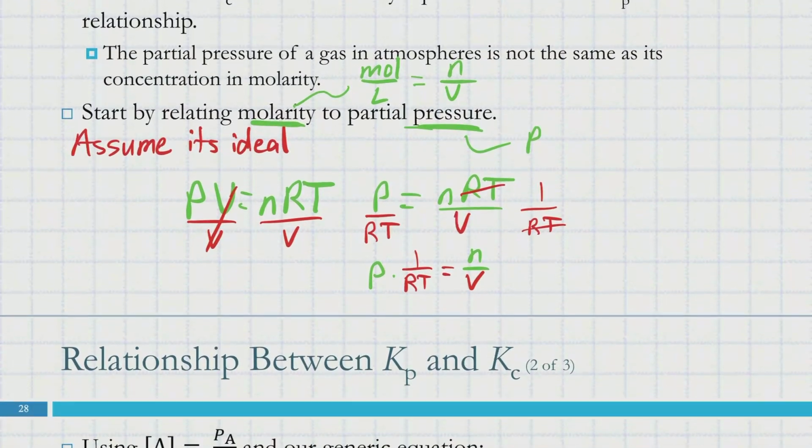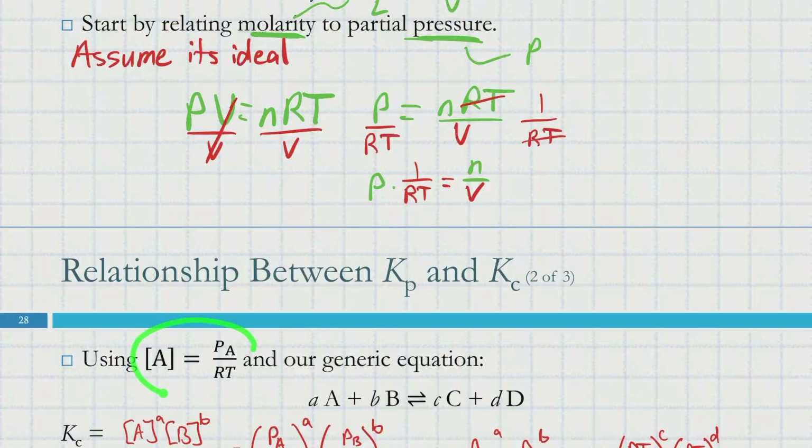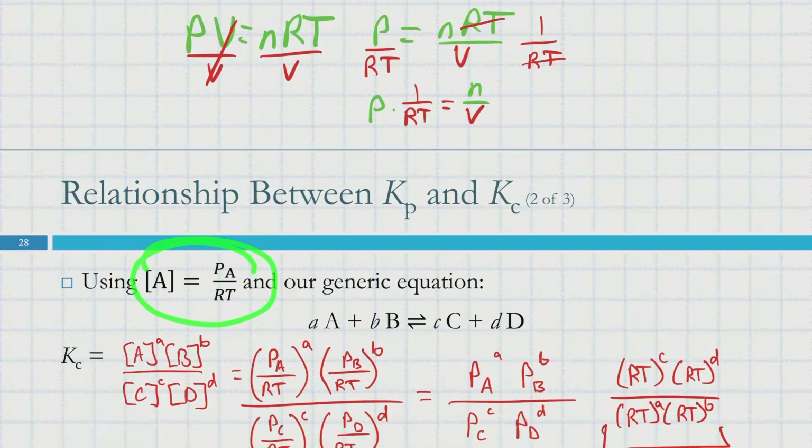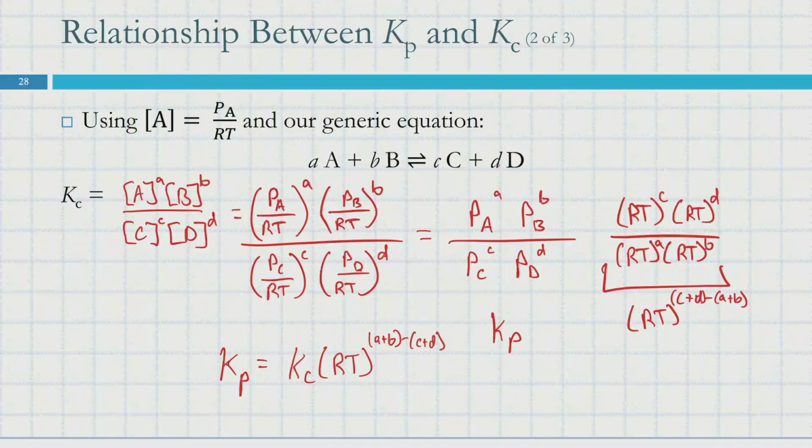And we can do the very fun thing that we're going to be doing here, using that concentration is equal to P sub A, the partial pressure of A over RT. We can do this whole mess of stuff. So what we're doing here, we're starting off with our Kc.